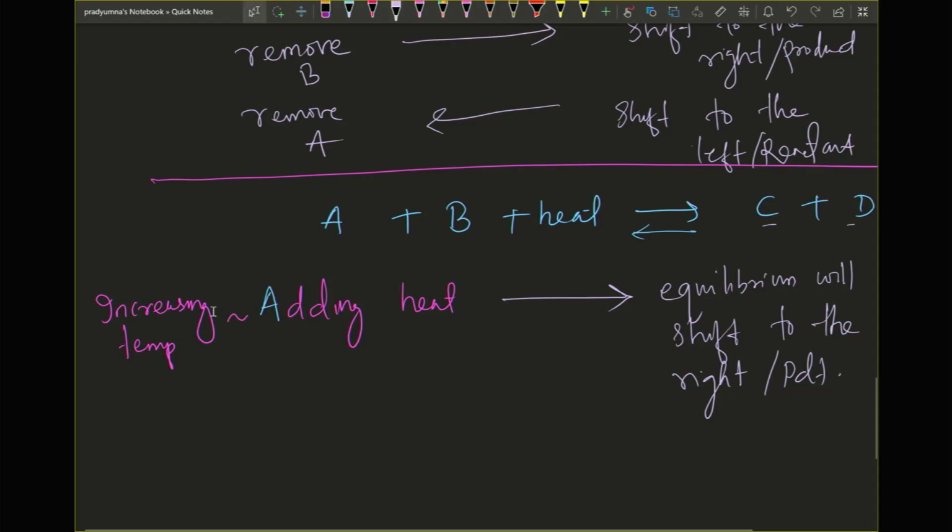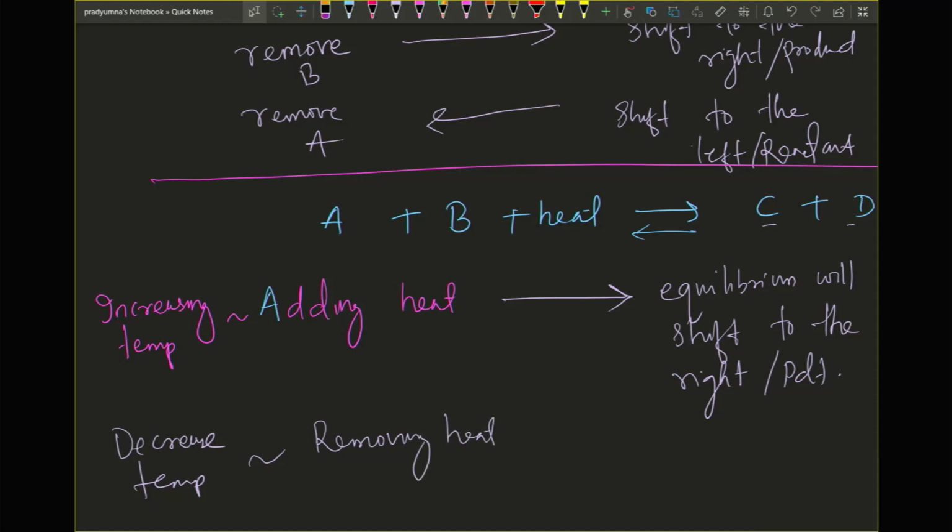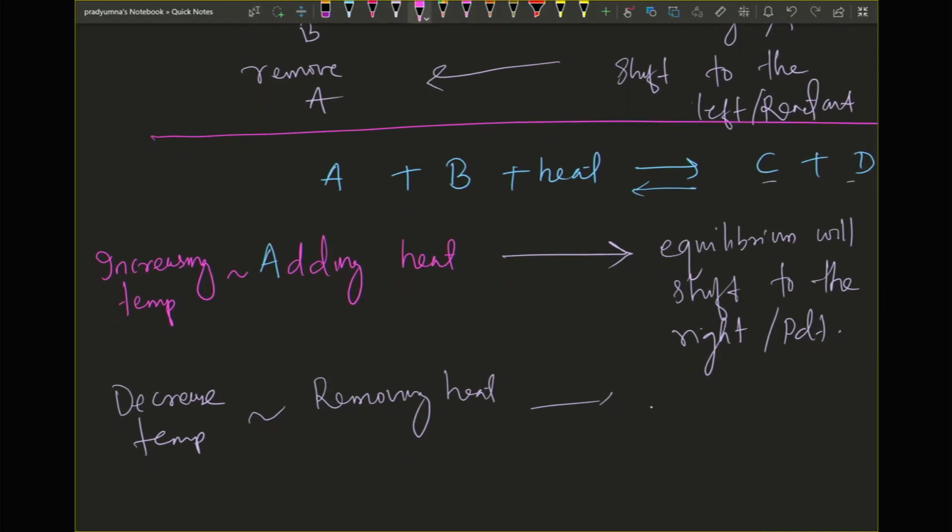What if instead of increasing temperature, I decrease the temperature? So if I decrease the temperature, that means all I'm doing is removing heat. So if I'm removing heat, like if I'm opening this tap, water should flow from right to left, right?